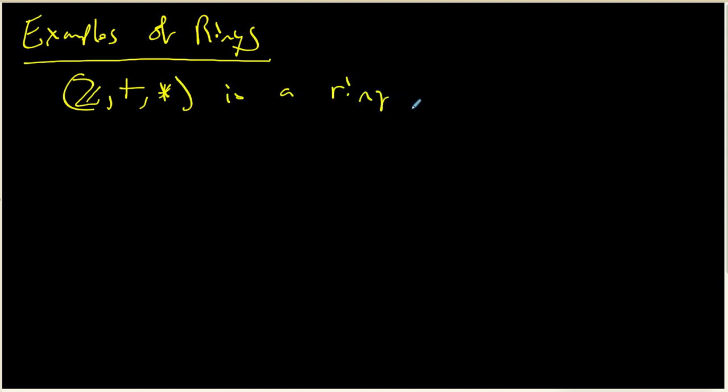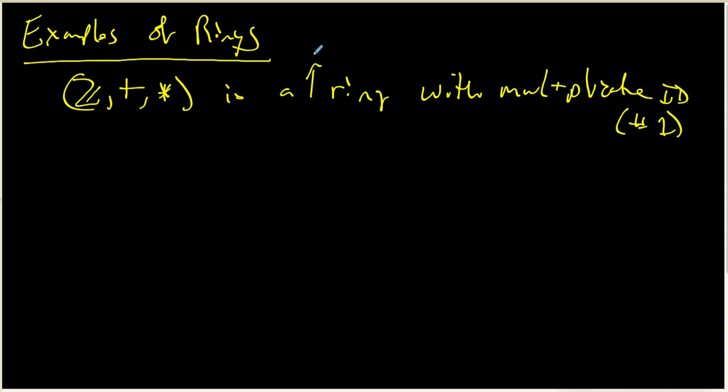Now this is a ring that does happen to have a multiplicative identity, namely the number 1, and it is also a commutative ring, meaning times is commutative. But clearly, if you go back through those 6 properties, the integers under addition and multiplication satisfy them all.